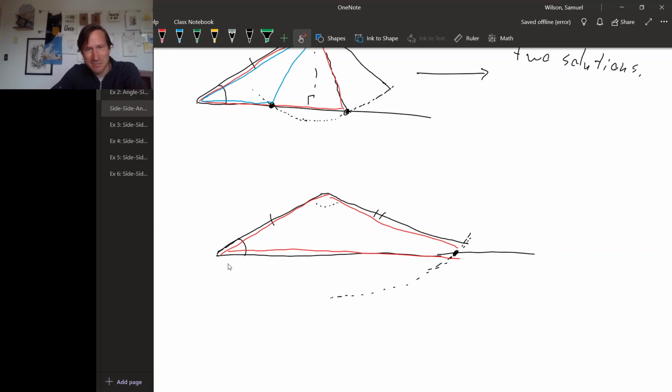You can see maybe it's going to meet up and make another triangle, but if you make this right-hand side long enough, when you swing it to the left, it doesn't intersect the bottom side again because it's just too long. It's longer than the left-hand side, so it doesn't meet up and make another triangle. And so in this situation, we would expect just one solution again.